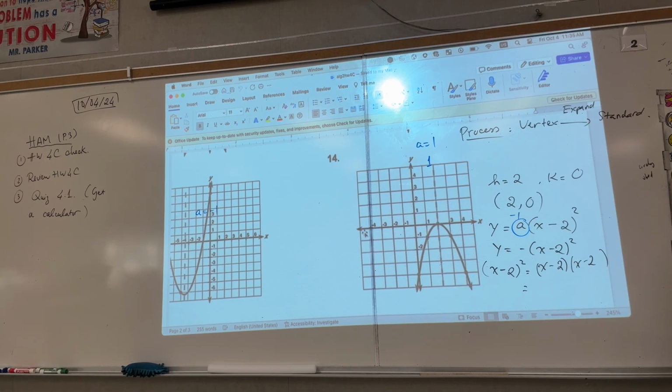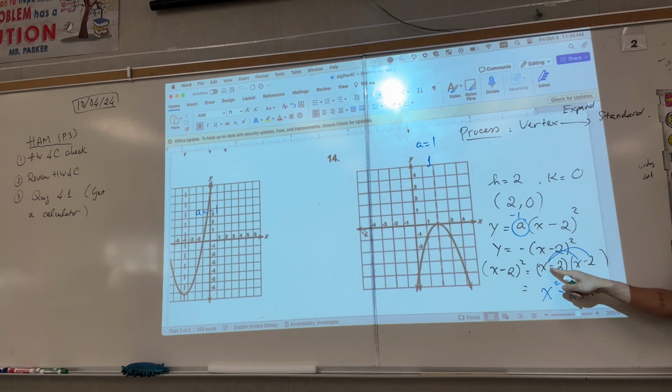Now, what are you gonna do? FOIL. That means you distribute every single thing in this one to every single thing in this one. So I'm gonna go one by one. x times x is x squared. x times -2 is -2x. Now I'm done with the first one. I'm gonna go to the next term, the -2.